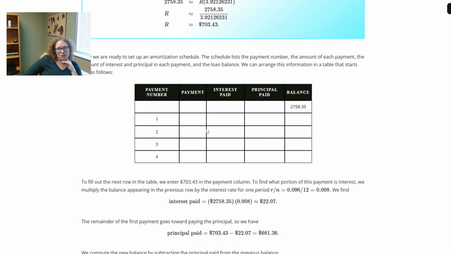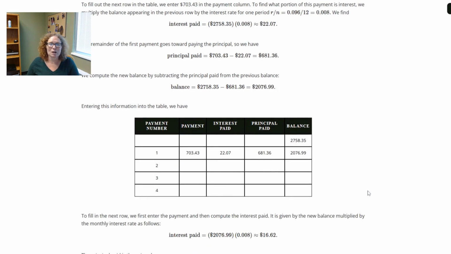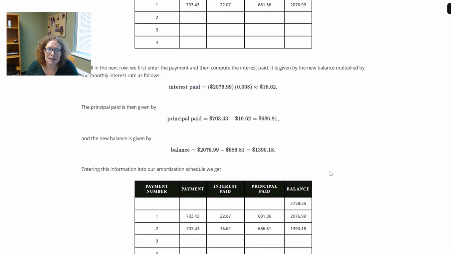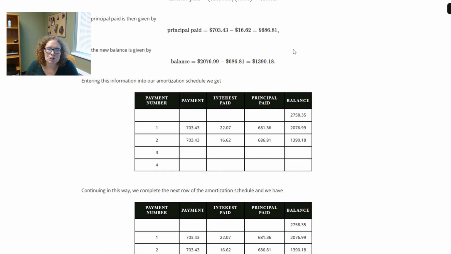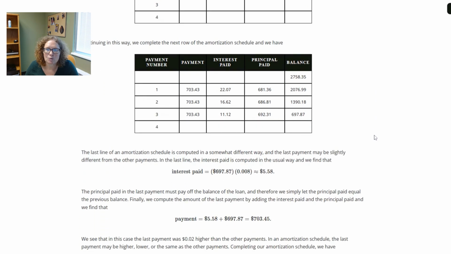Look at the payment, the interest paid, the principal, and then the balance at the end of that period. And so you can start plugging it in and figuring out what the balance would be after the end of each time period that you would pay. And this is just going down for each of the payments and adding what the balance would end up being for those.